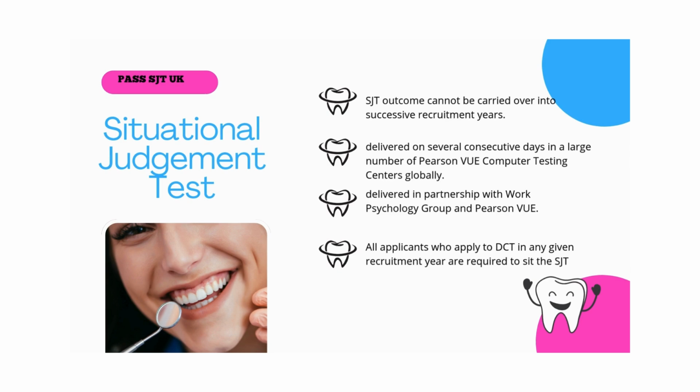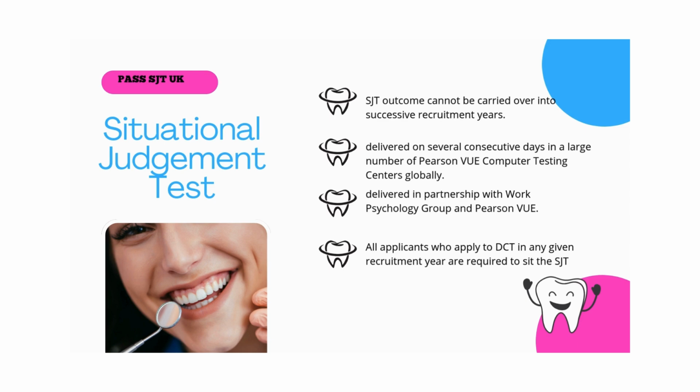If we talk more about it, then the SJT outcome cannot be carried over to the successive recruitment years. And as already stated, it's delivered on several consecutive days. So what happens is when the SJT window is open, you have to book your exam and take an appointment for your nearest Pearson VUE center. Okay, you go there, you sit for that exam.